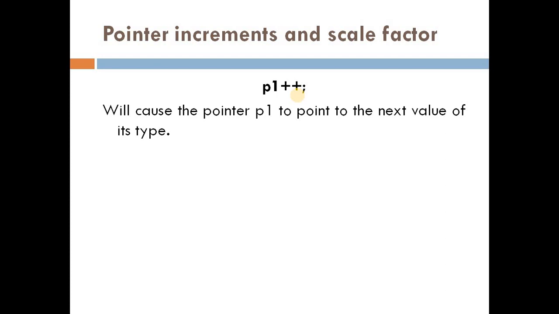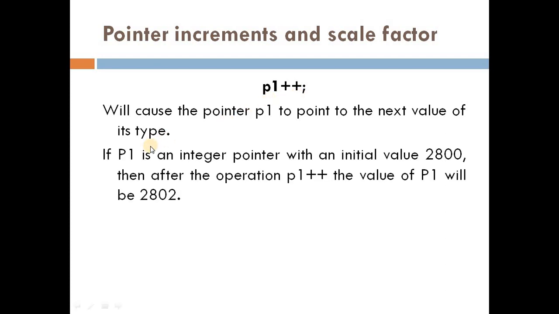If P1 is an integer pointer with an initial value 2800, then after the operation P1 plus plus, the value of P1 will be 2802. You will think that if the value of P1 is 2800, with P1 plus plus it should become 2801, but it is not the case.